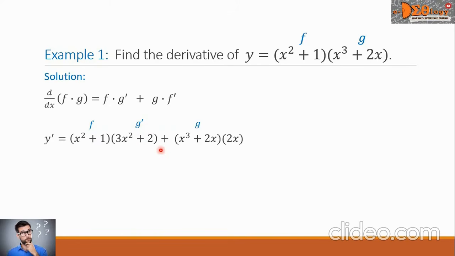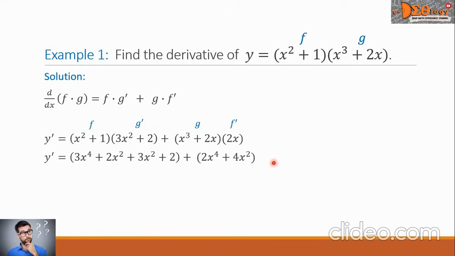Then plus, we write g, that is the second function. So we have here x cubed plus 2x. Then multiply by the derivative of the first function. So we have here 2x. Simplifying the product of each group, we have now 3x raised to 4 plus 2x squared plus 3x squared plus 2, plus the product of the second group, 2x raised to 4 plus 4x squared.